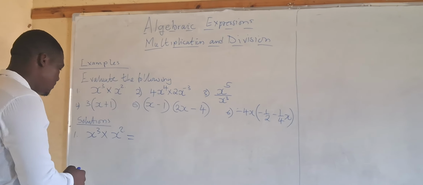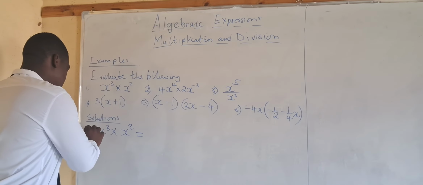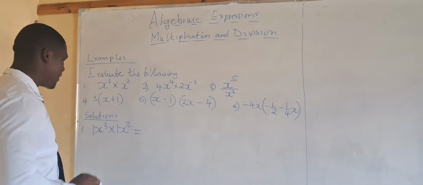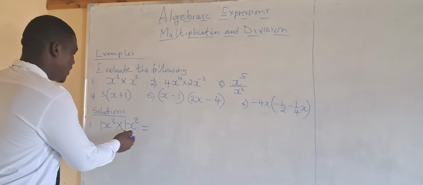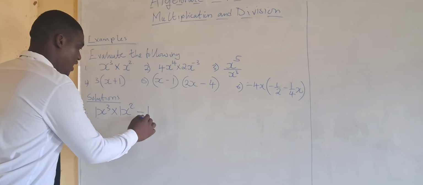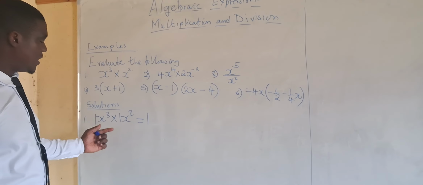So we see that the coefficient of x cubed is 1 and the coefficient of x squared is 1. So the first thing that you do is to multiply the coefficients, which is 1 times 1, you get 1. And you can see that the variables here are x and x.